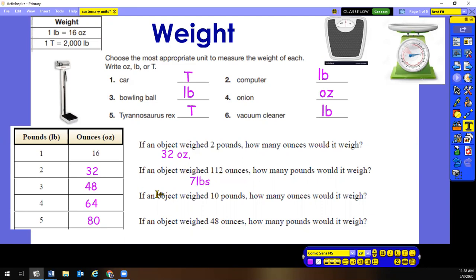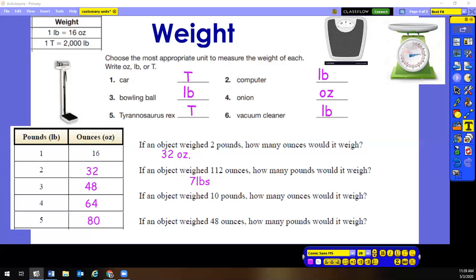If an object weighed 10 pounds, how many ounces would it weigh? Okay, are we going from large units to smaller units or smaller units to large here? So we can figure out which operation to do. We are going from large units, pounds, down to small units, ounces. So large units to small, we're multiplying.